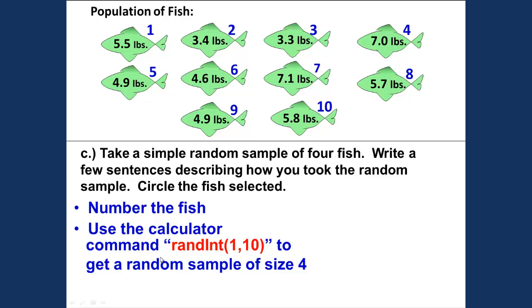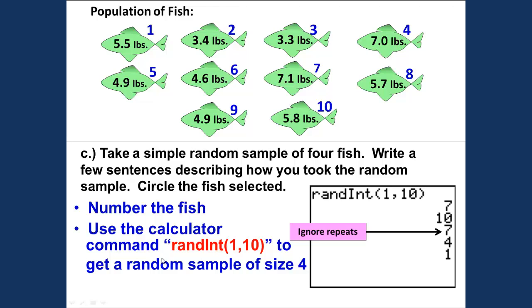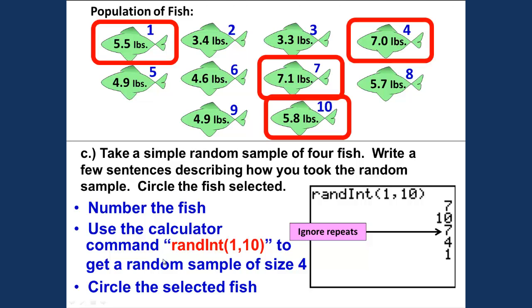And we want to do this to get a random sample size of 4. In our calculator, we will press enter until we have 4 unique numbers. We will ignore any repeats. We will circle then the selected fish. Fish 7, 10, ignore the repeated 7, then fish 4 and 1. That gives us a sample of 4.